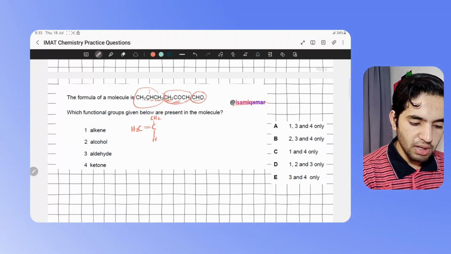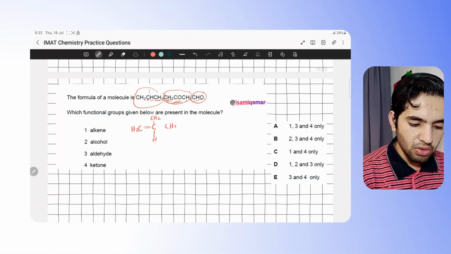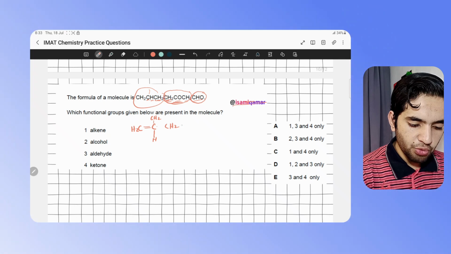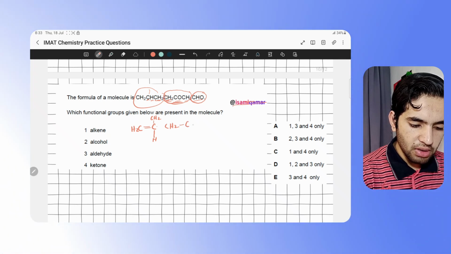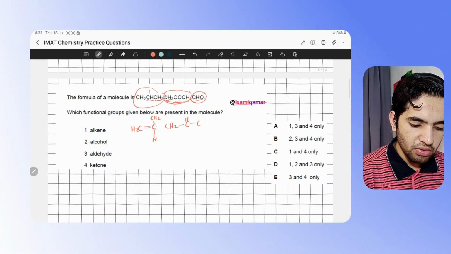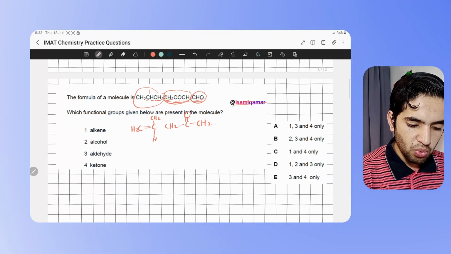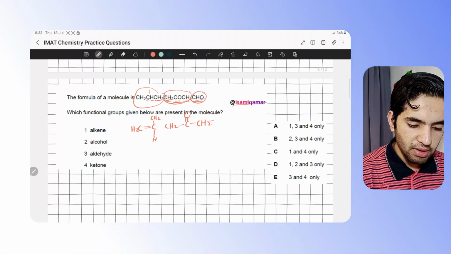So now write this one, CH2, CH2 with this C, and this CH2 with this C. Okay, now this is going to be the double bond O. Then there will be CH2, this one, and this CHO. This CHO will be written like this, C double bond O H.